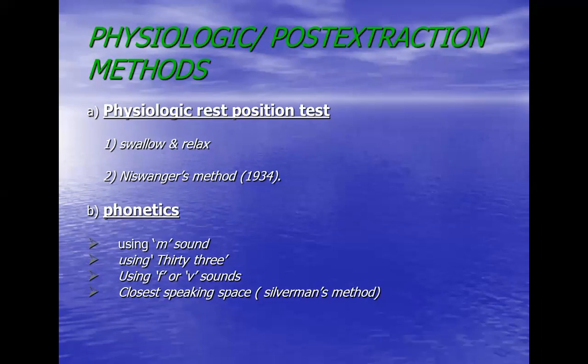Take 3 readings, and all 3 readings must coincide with each other. If they match, that means your vertical dimension of rest is accurate. This method is called Niswanger's method. It was established in 1934. It is quite an accurate method. Nowadays we use this method, Niswanger's method.